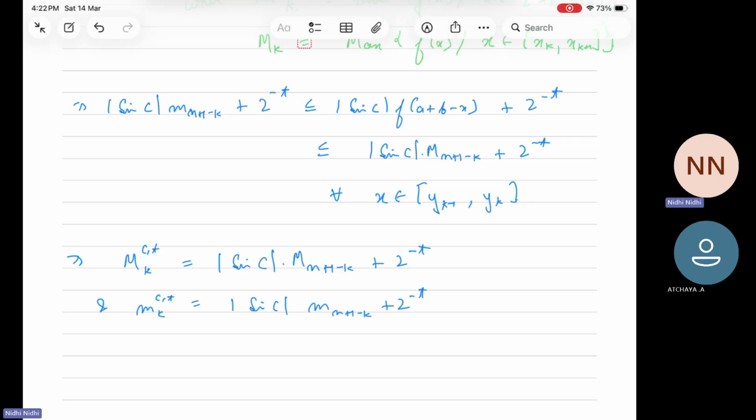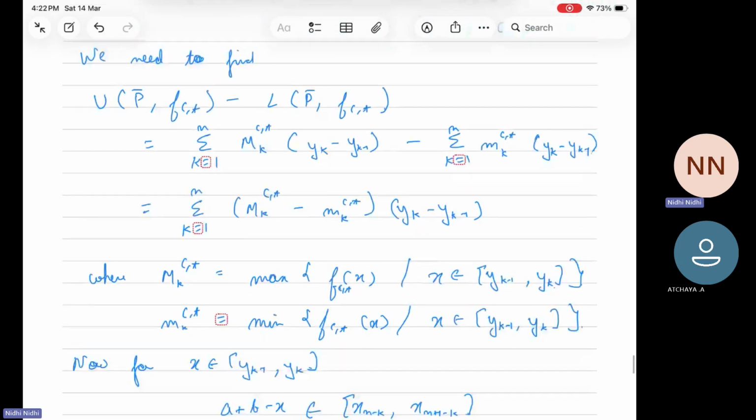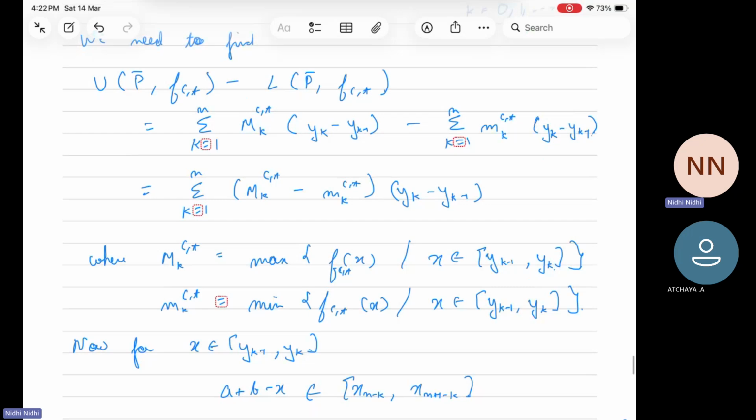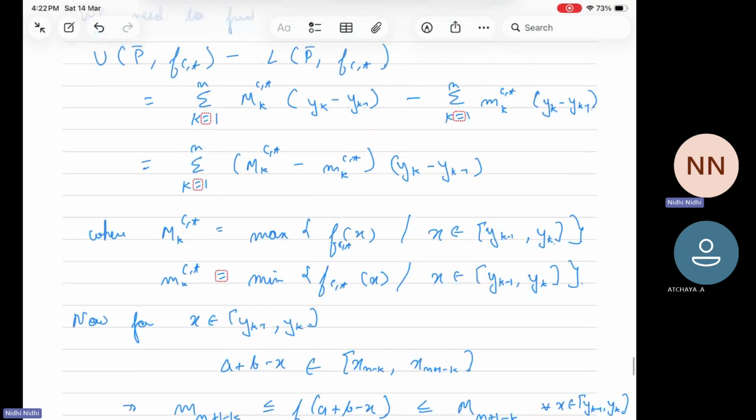Now using this above, I'll mark this equation as number 2.